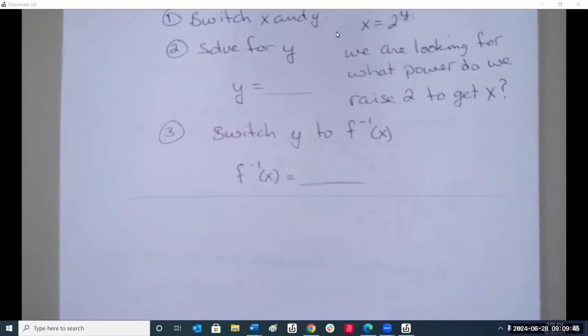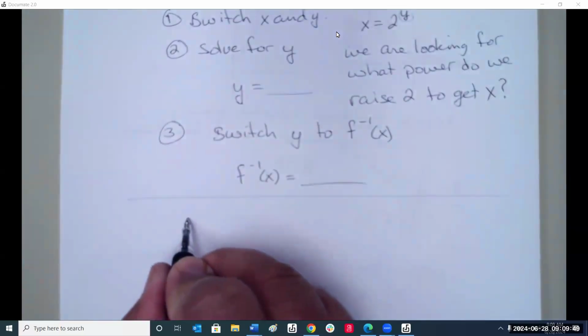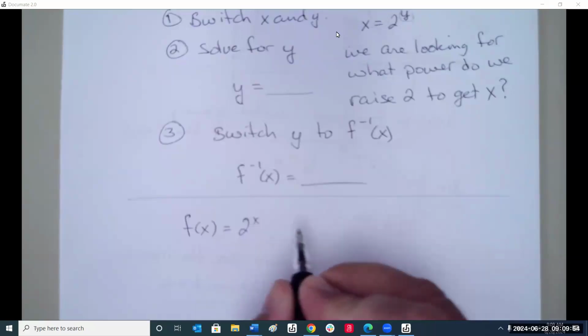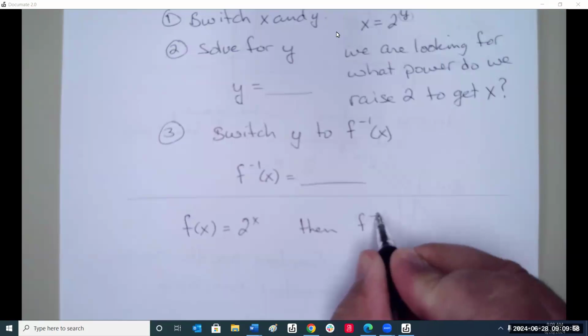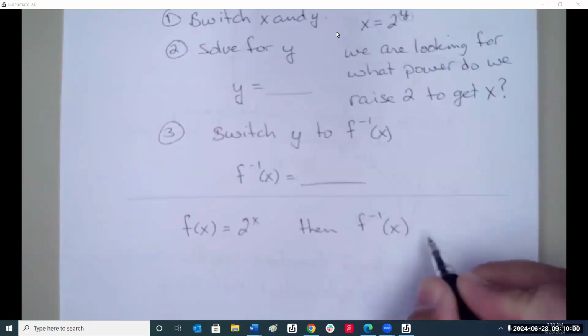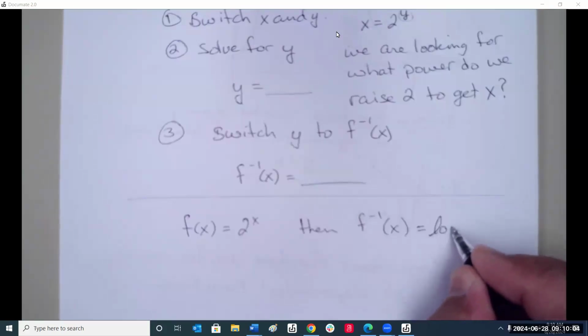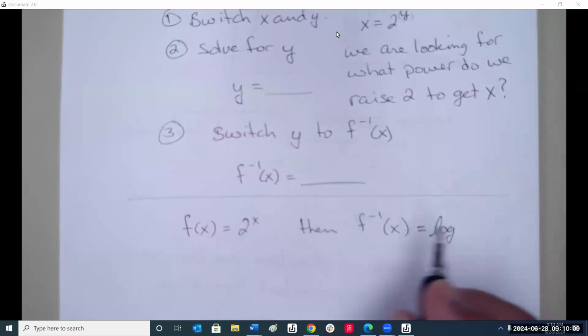Now we've got to put it all together. And like I said earlier, if f of x equaled 2 to the x, then the inverse, since that's the base, remember the inverse of an exponential is the log.